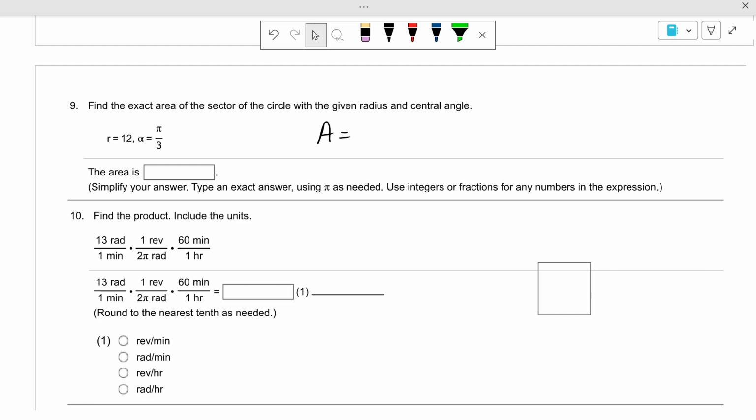I know there's a square in there. Divided by 2. Something's over 2. It's the angle times r squared over 2.